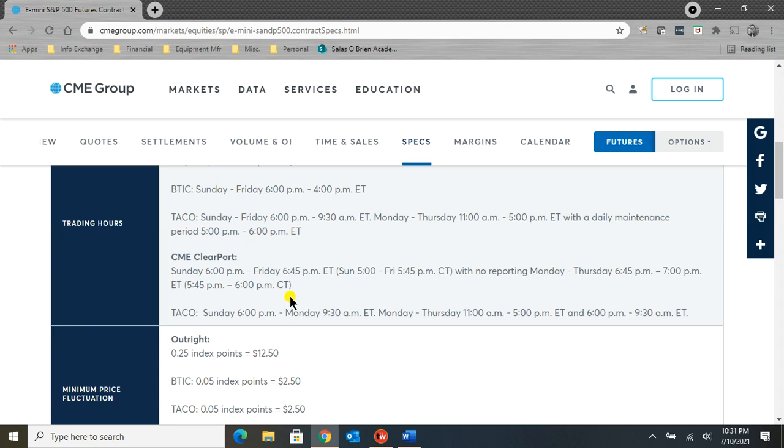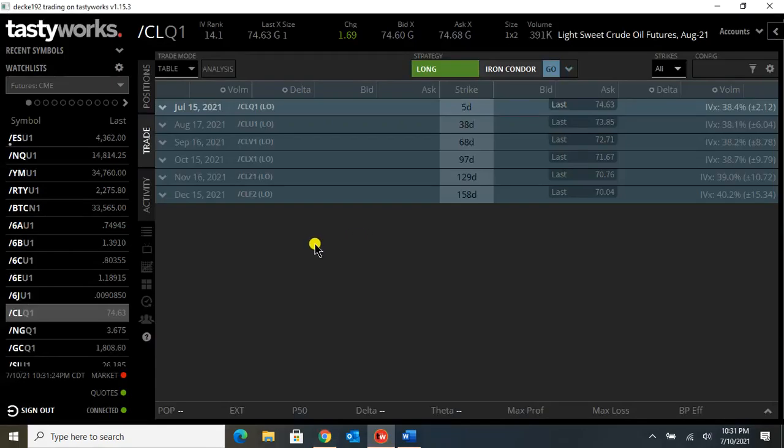I think they close at 1:30 Central. So those time frames are a little bit different, but they're open typically 23 hours a day, 5 days a week. But if you go on that website, you can find all the information you want on a particular CME future product. So I'm just going to use crude oil as my first example here.